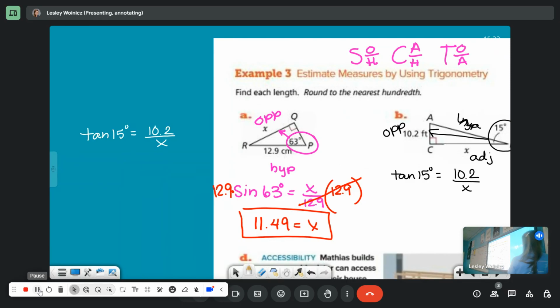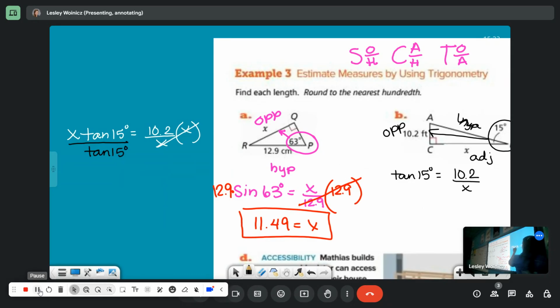So I can get this in the numerator by multiplying both sides by X. Do I want this number, tangent of 15 degrees, over here with X, or do I want X by itself? By itself. So how do I undo multiplying by the tangent of 15 degrees? I divide it away.